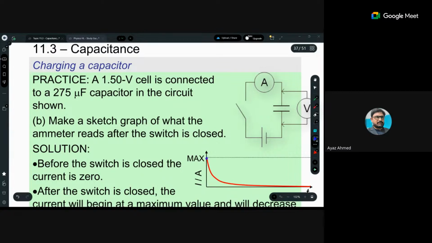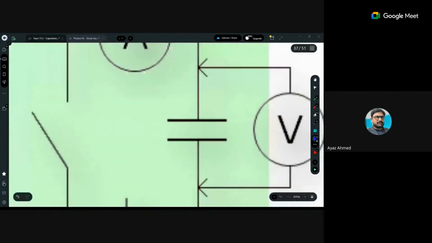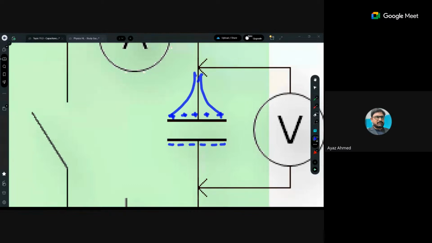Initially there was a huge current over here. Check this one out. Huge current, because this plate was initially negative, so it repelled most of the electrons initially, it pushed basically all the electrons in the circuit. So initially current was more because the electric field was there.